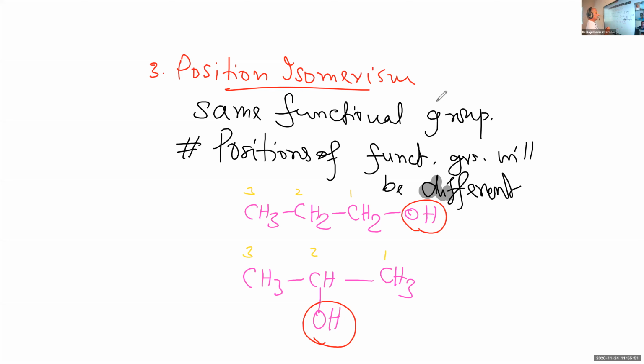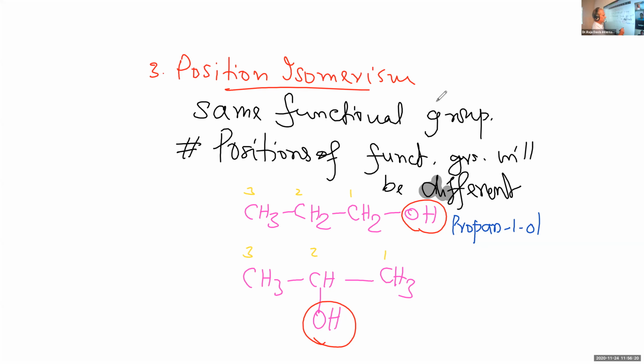Compound 1 is called 1-propanol or propan-1-ol. More details we can see later, how the name comes, the IUPAC rule.